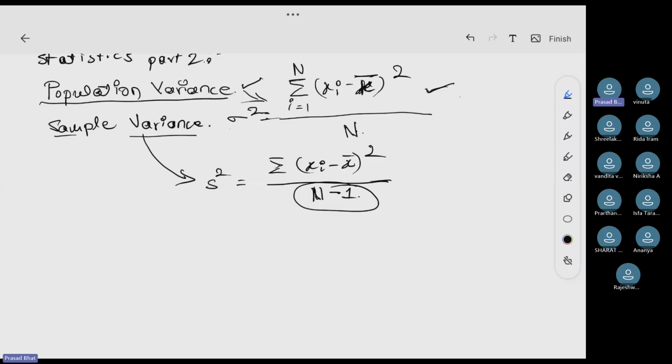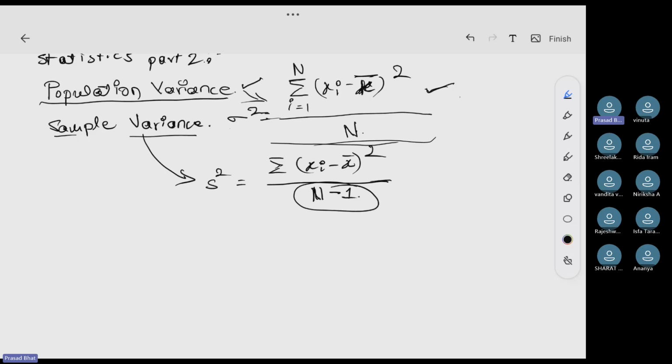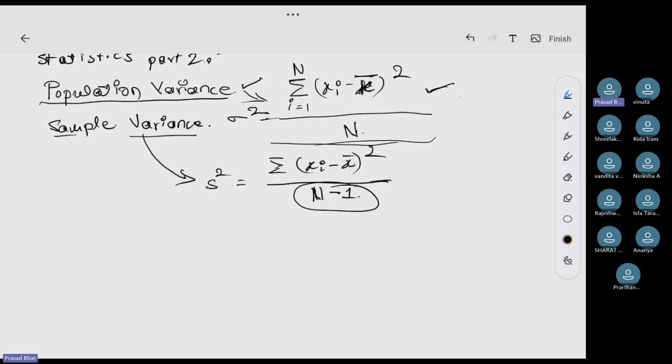For example, if your data contains the height of all human beings, then over that height data set, you can actually use the population variance formula to find the variance. But generally it is not the case, right? That is why in practicality, we go for S square, sample variance. Why? Because we are picking up a few people, collecting their data. Obviously, our data set will not contain the entire population on Earth. That is why we actually have to consider this formula.